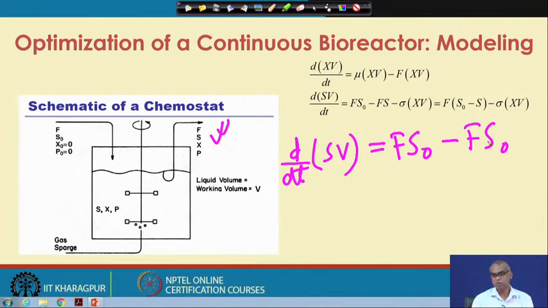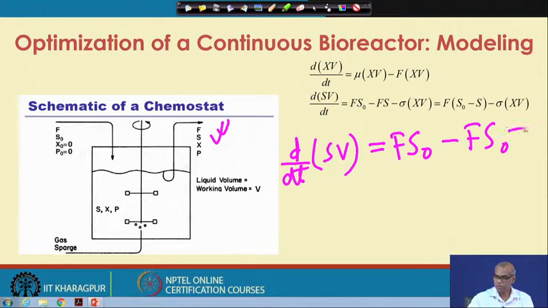So, microorganisms consume substrate. So, as we multiplied the specific growth rate with the amount of biomass to get the biomass grown, if I define a term called specific consumption rate and multiply the specific consumption rate with the amount of biomass, I will get the amount of substrate consumed by the biomass.